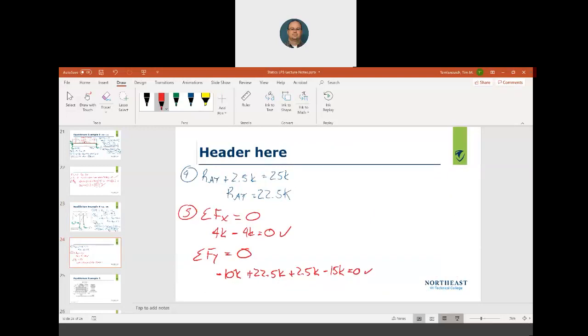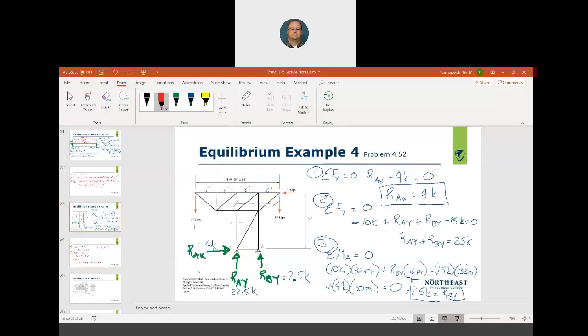25 and 25, okay? Sum of the moments about point B equals 0. Another point of rotation, right? Point B, okay. RAX still, the line of action still runs through the point of rotation, so we can get rid of that one in our moment equation. 10 kips is now going counterclockwise, so that's positive.